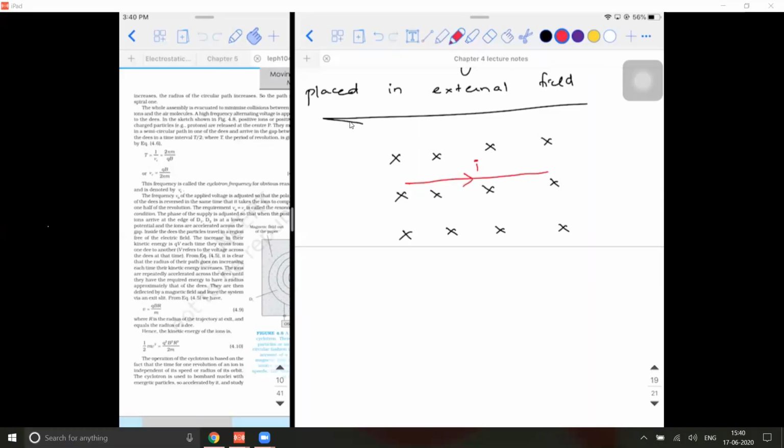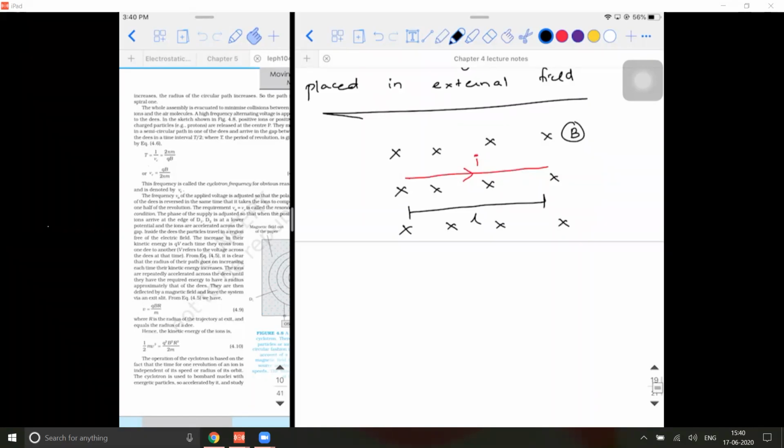But here, this conductor is placed in an external magnetic field produced due to some other conductor or a magnet, we don't know what, but there is a magnetic field already existing. Let's say its value is B, the current in the conductor is I, and the length of the conductor is L. Now we are going to calculate what exactly is going to happen to it.